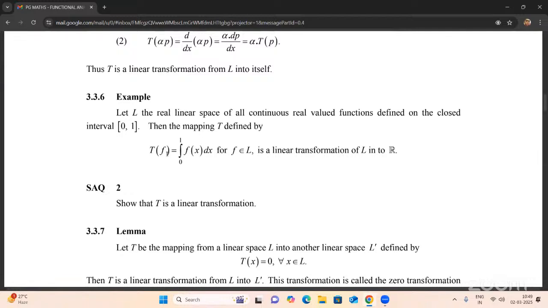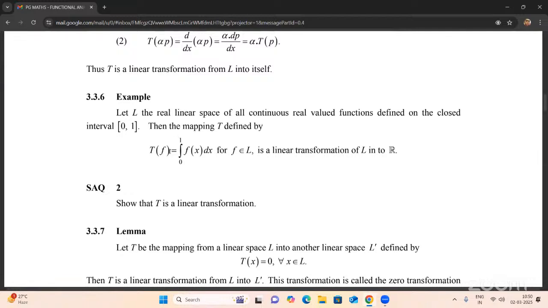x dx. In the same manner we take another function g, T of g. T of g means the integral from 0 to 1 of g of x dx. Here f and g are in the real linear space on the domain. Now this is also an integrable function. Integrability on the set of all real valued functions is also a linear transformation. T of g means integral 0 to 1 of g of x dx.